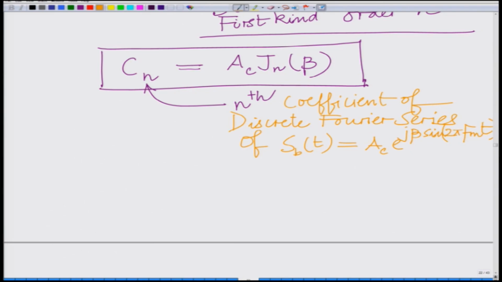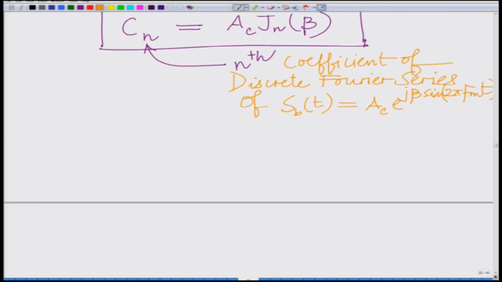Now, therefore, I have Cn equals Ac Jn of beta.